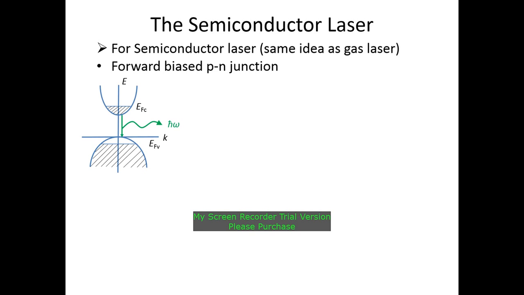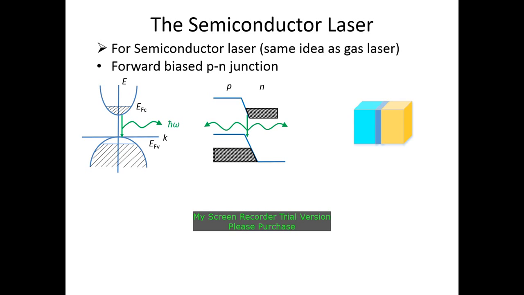When a signal is passed through the forward biased semiconductor, more electrons from the valence band will go to the conduction band, as the first picture showed. And this process will emit a photon with a frequency of omega, with the energy of h bar times omega. The schematic of this process is shown in the last figure.